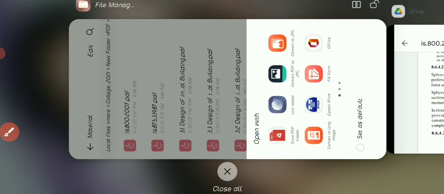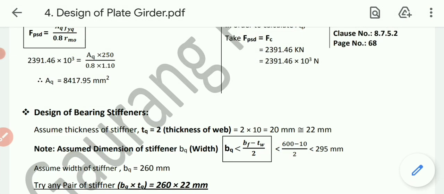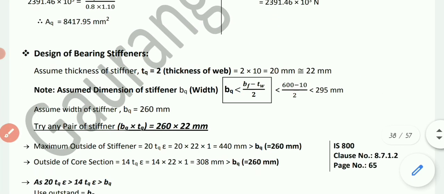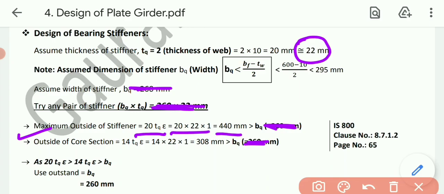First of all, just for a moment forget about this one. I will calculate 20 t_q epsilon. t_q is the thickness of the stiffener, that is 22. 20 times 22, so our answer is 440 mm.